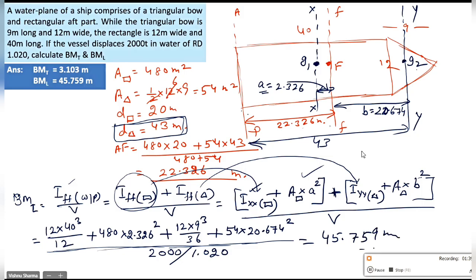Calculate, see it, review the question. It's a regular geometric shape where a combination is there. For BML, you have a different challenge. You have to calculate LCF. For BMT, you had a different challenge. For the triangle, you had to basically divide that into 2. Yes, sir.